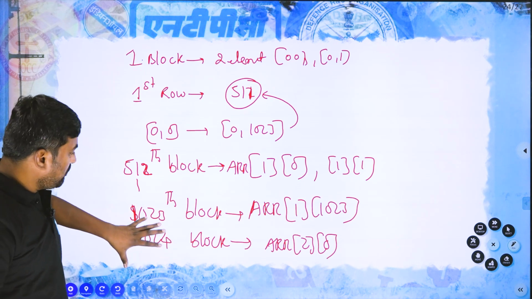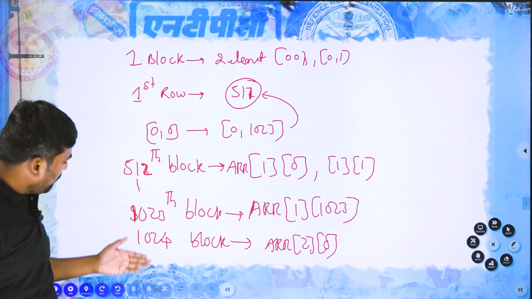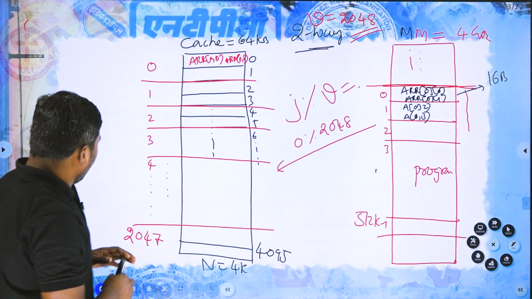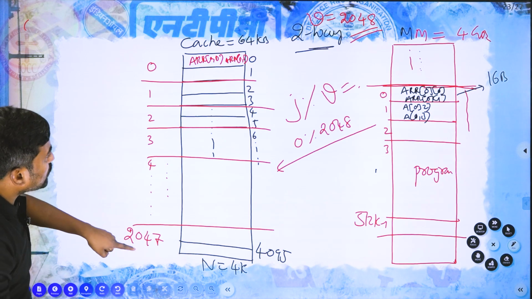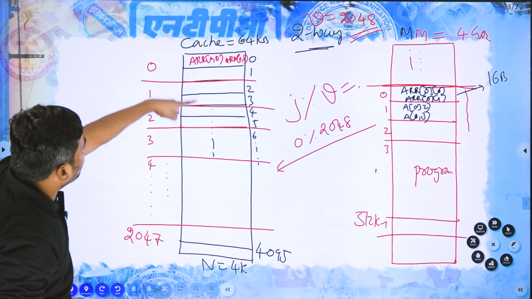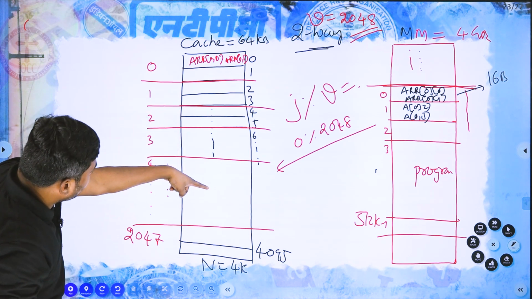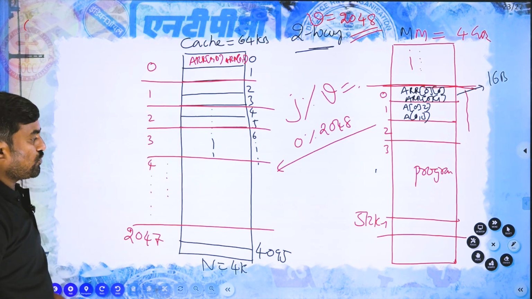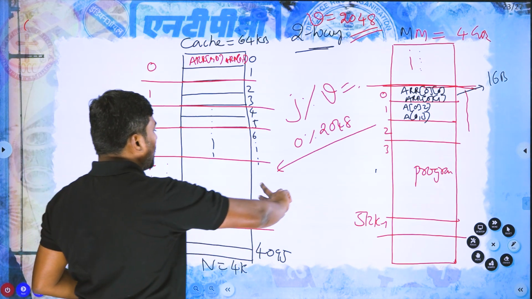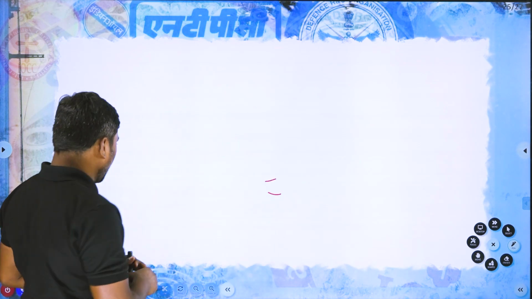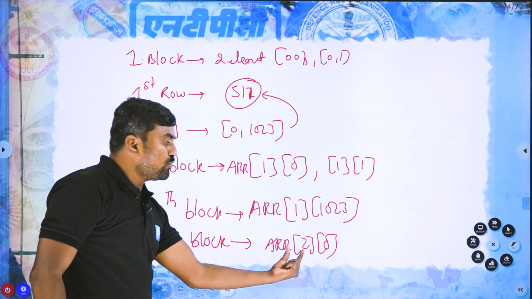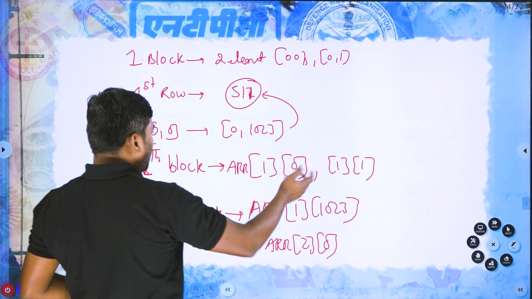Total sets in our cache memory are 2048. It will be somewhere in the middle. Please do understand, like this you can see. 1024 will be somewhere in the middle only. Still 2047 sets are there, and 4096 blocks are there. I hope you are getting my point. So similarly, the 1024th block contains ARR of 2 of 0. Correct or not?